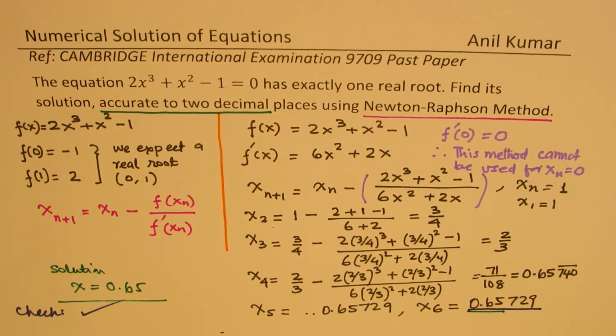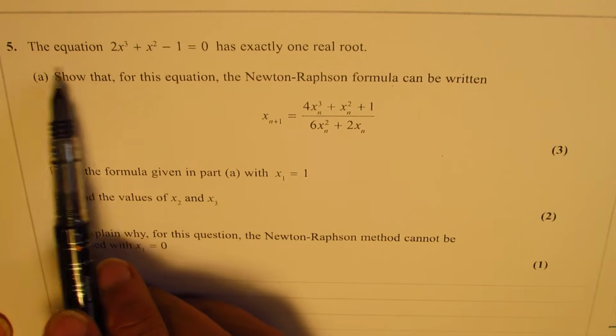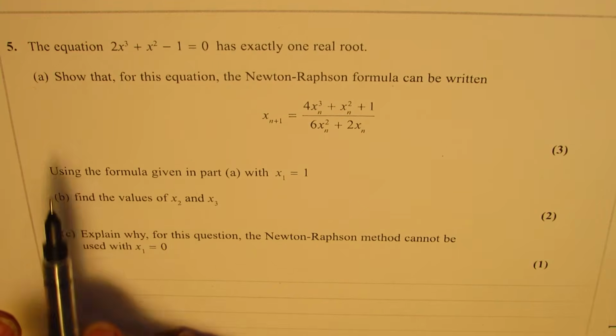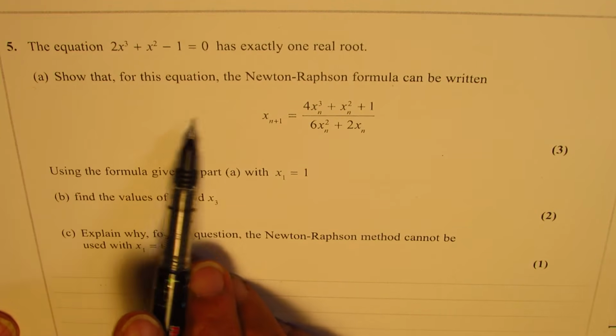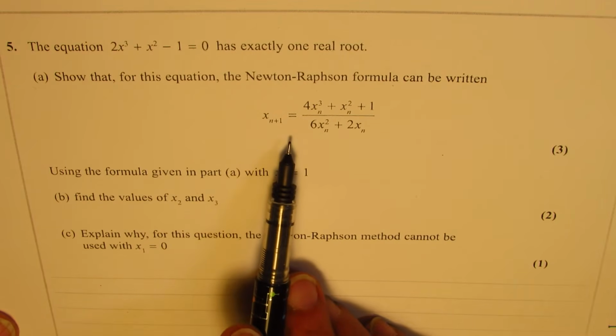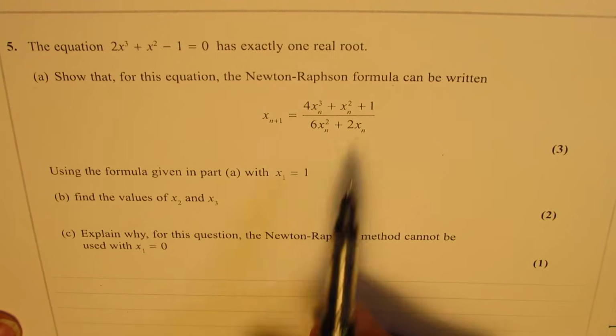Now let's take the test problem and see how to solve that test question. The equation 2x cubed plus x squared minus 1 equals 0 has exactly one real root. Show that for this equation, the Newton-Raphson formula can be written as x(n+1) equals 4xn cubed plus xn squared plus 1 divided by 6xn squared plus 2xn.